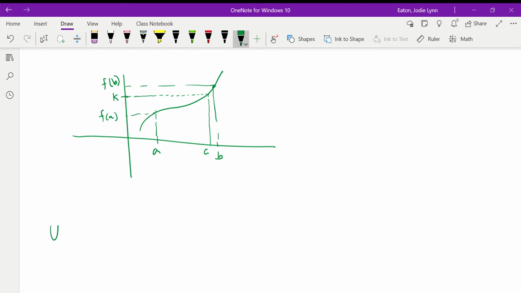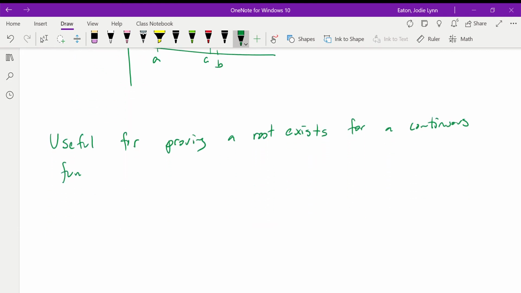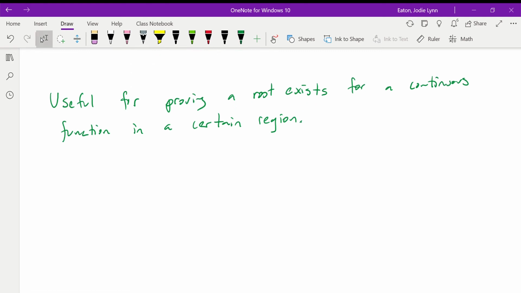So this is useful for proving a root exists for a continuous function in a certain region. It's not going to help you find the root; you can get more and more accurate estimates, but it can prove that a root exists.